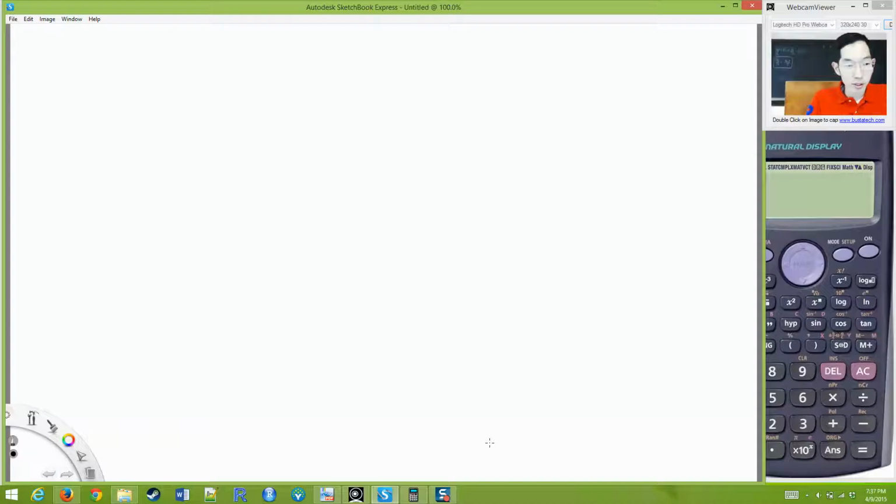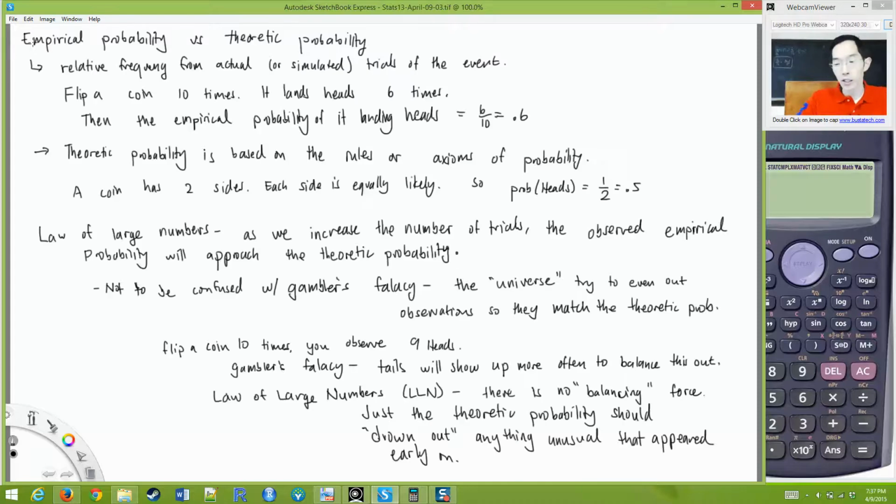Okay, so let's go into some of the rules for determining theoretic probabilities. Actually, I guess this is all I'm going to talk about: empirical probabilities. Empirical probability is very useful when it's difficult to do the math behind theoretic probabilities. The rest of today's lecture will focus on calculating theoretic probabilities using these different rules.